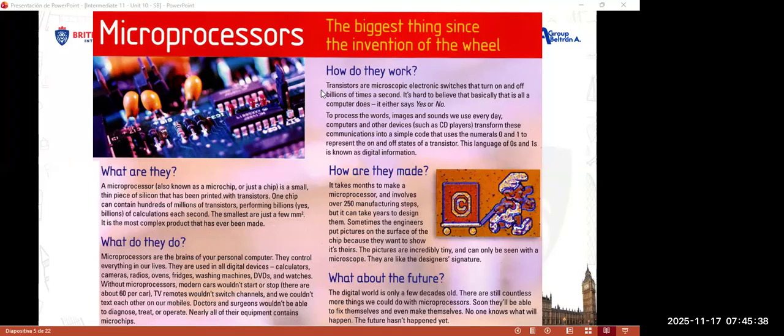What do they do? Microprocessors are the brains of your personal computer. They control everything in your life. They are used in all digital displays, calculators, cameras, radios, holograms, fridges, washing machines, DVDs, and watches. We know microprocessors allow modern cars to run, start, or stop.